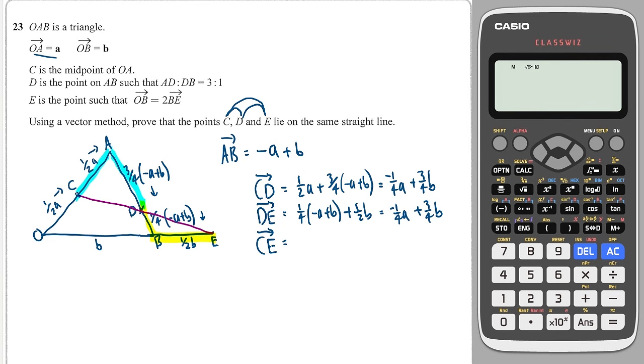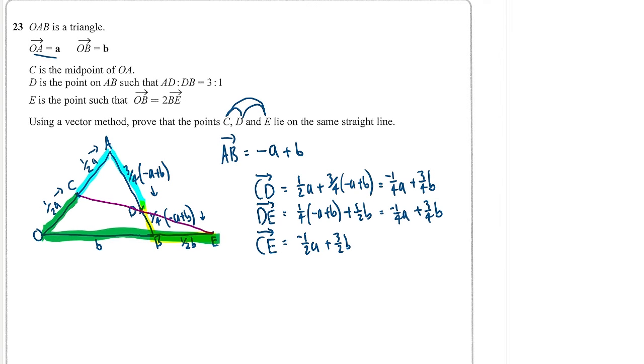But you could also work out C to E would also be a valid way of doing this question. And just to show you what that would look like, minus a half A going downwards, and then plus 3/2 B, like that. And then finally, just to really show that these are parallel, we could take out a factor of 1/4 here, and that will give me minus A plus 3B.